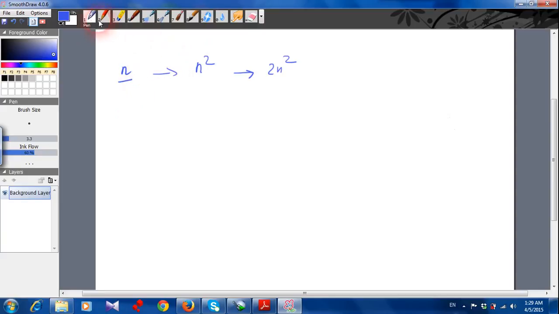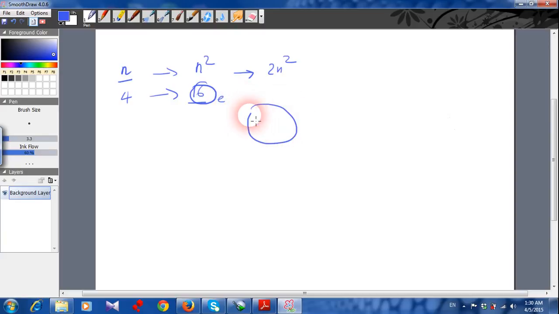So for n equals 4, we have 16 electrons in the energy level n equals 4. Please write that.